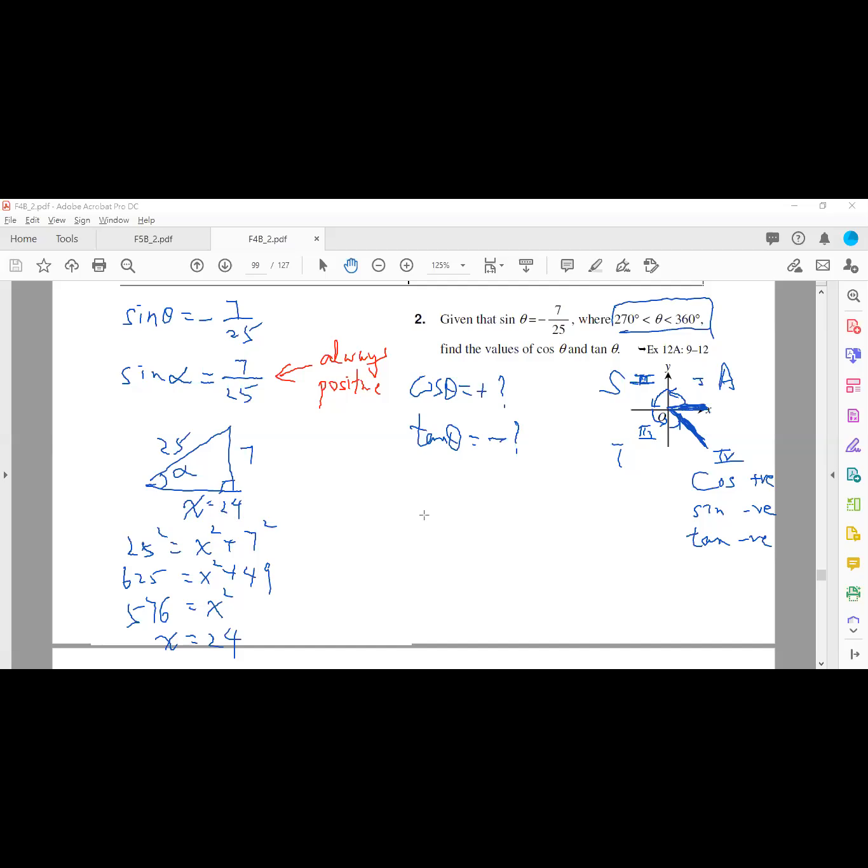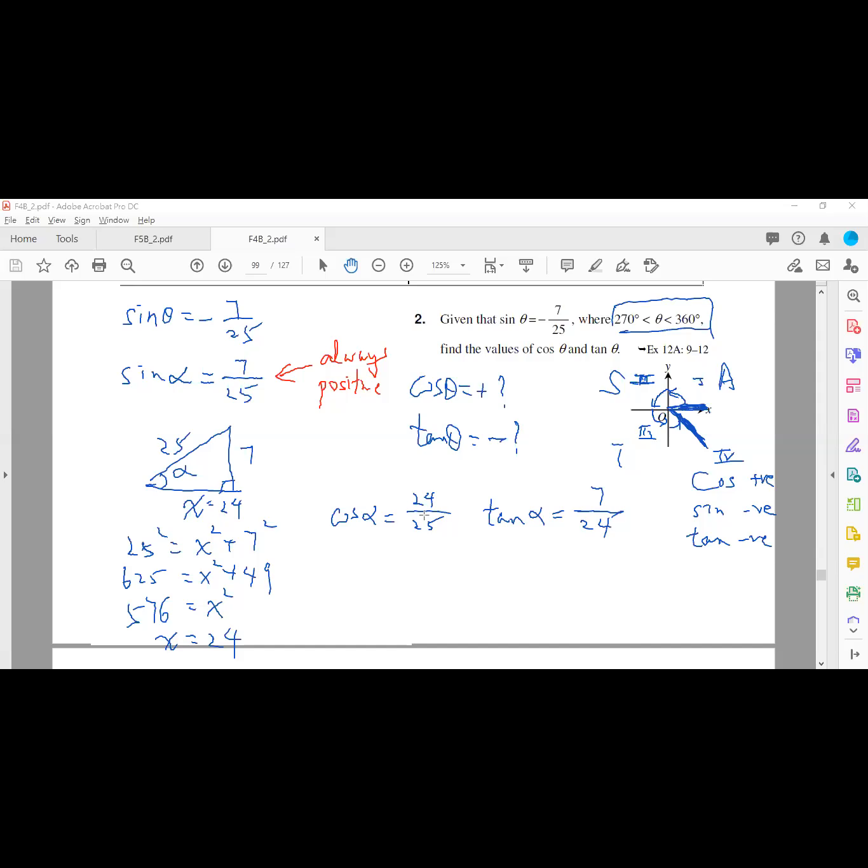Okay? And now we can find cosine alpha. Cosine alpha will be equal to adjacent side over hypotenuse. And then tangent alpha will be equal to opposite side over adjacent side. But this is not what we want to find. We want to find cosine theta and tangent theta.